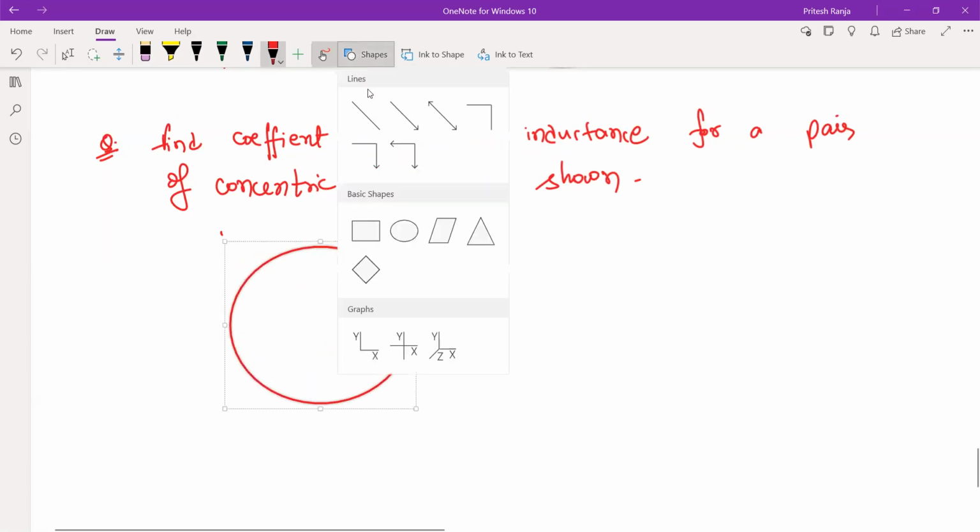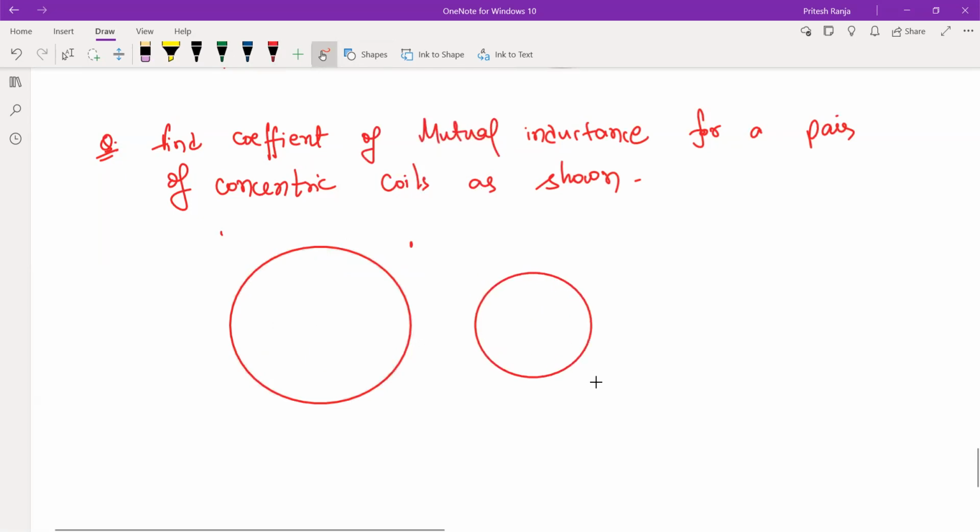This is one coil and this is another coil. Concentric, they have the same centers.